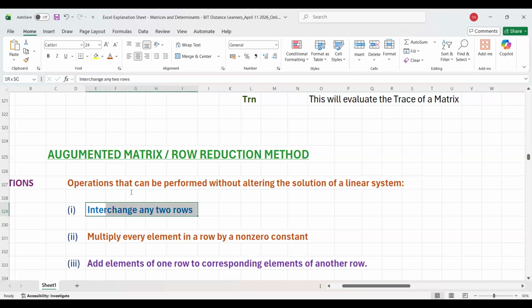And then the last equation, x plus 4y minus 7z equals minus 7. So we convert this system of equations into a matrix.